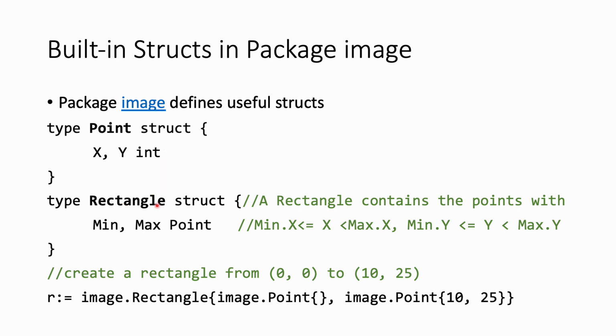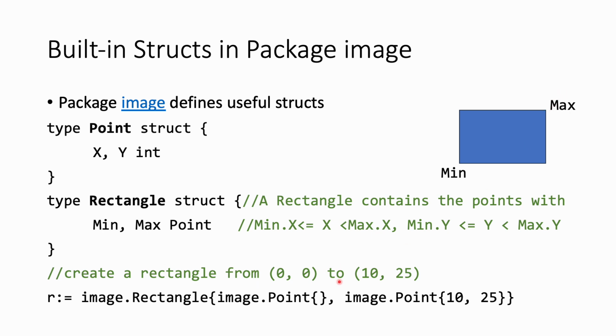The struct Rectangle has two fields, Min and Max, which are of type Point. This defines a rectangle whose top right corner point is Max and the top left corner point is Min. So to create a rectangle, we just need to define its Min point and its Max point.